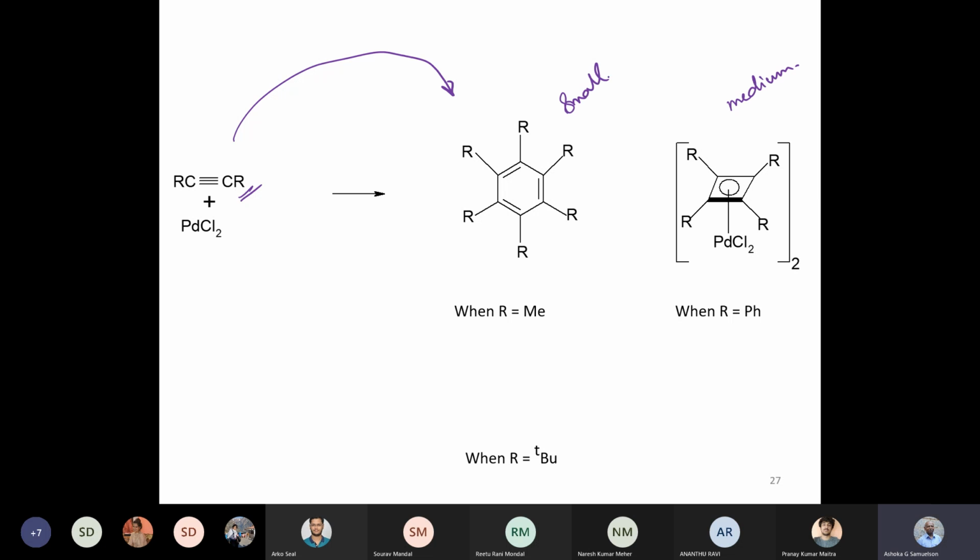This is a small R group. If I have a medium sized R group like Ph, I form a butadiene.